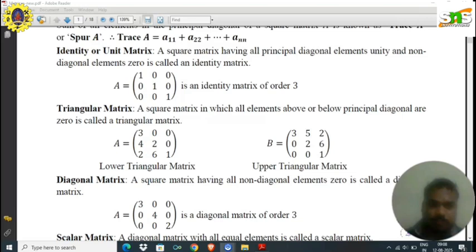For example, A equal to 3 0 0, 4 2 0, 2 6 1 is the lower triangular matrix. Then B equal to 3 5 2, 0 2 6, 0 0 1 is known as the upper triangular matrix.